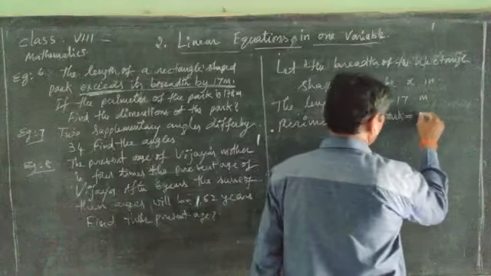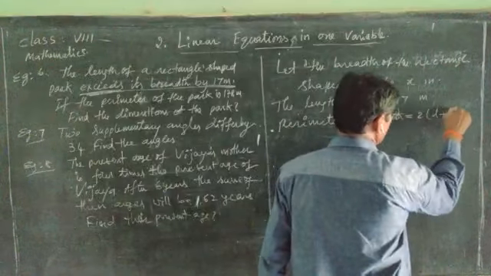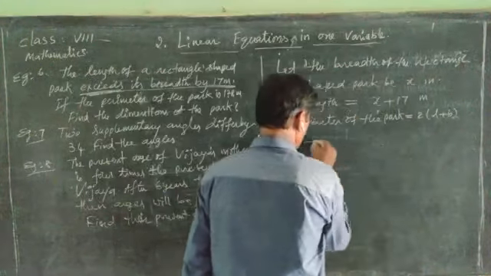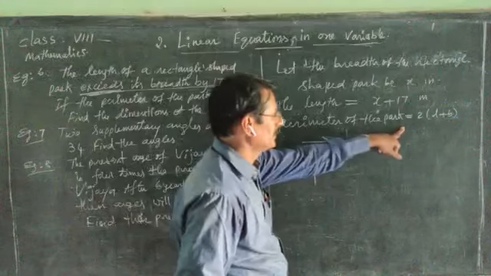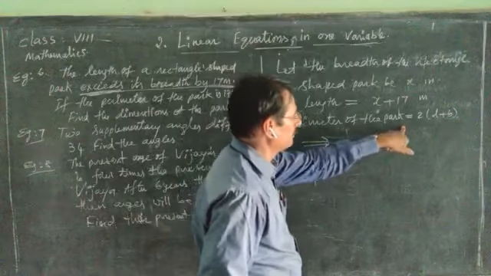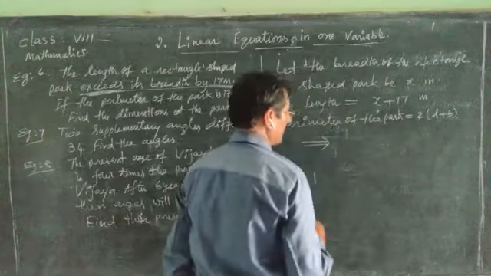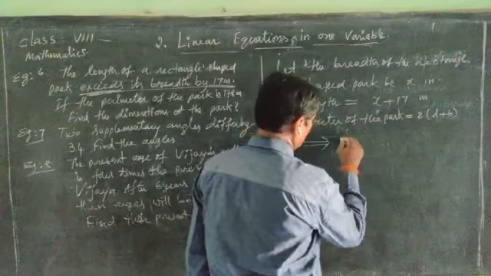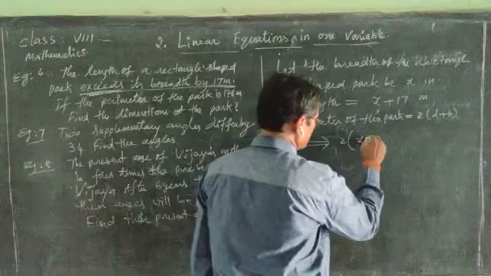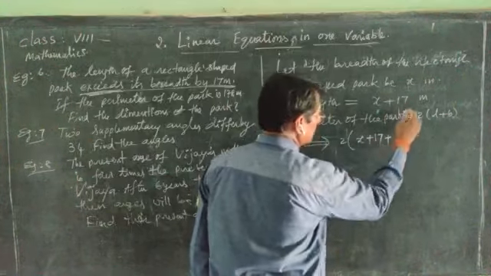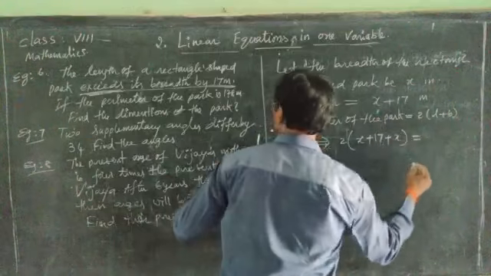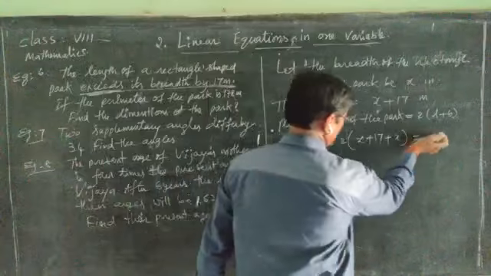Our formula is 2 into L plus B. It's the rectangle shaped park perimeter formula. Now 2 into x plus 17 is the length, plus breadth x.